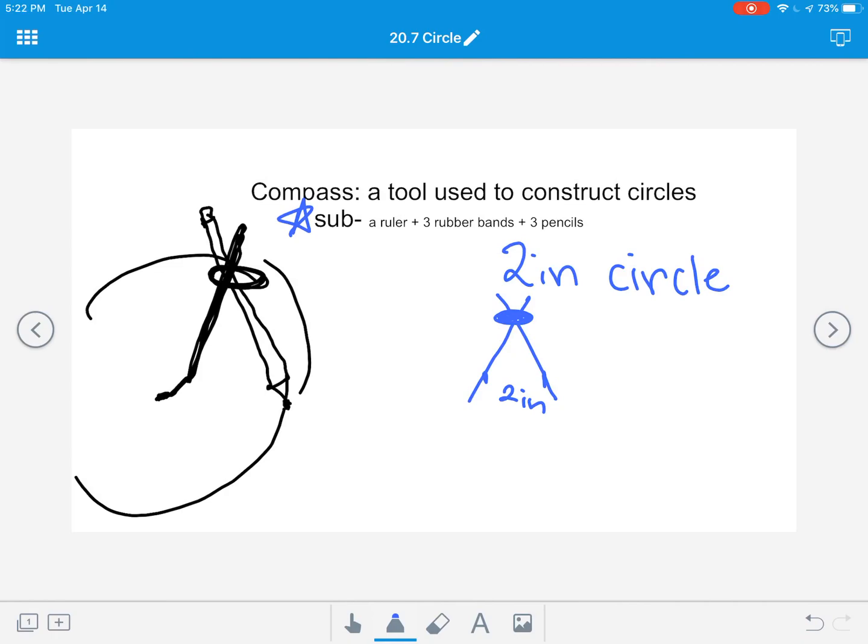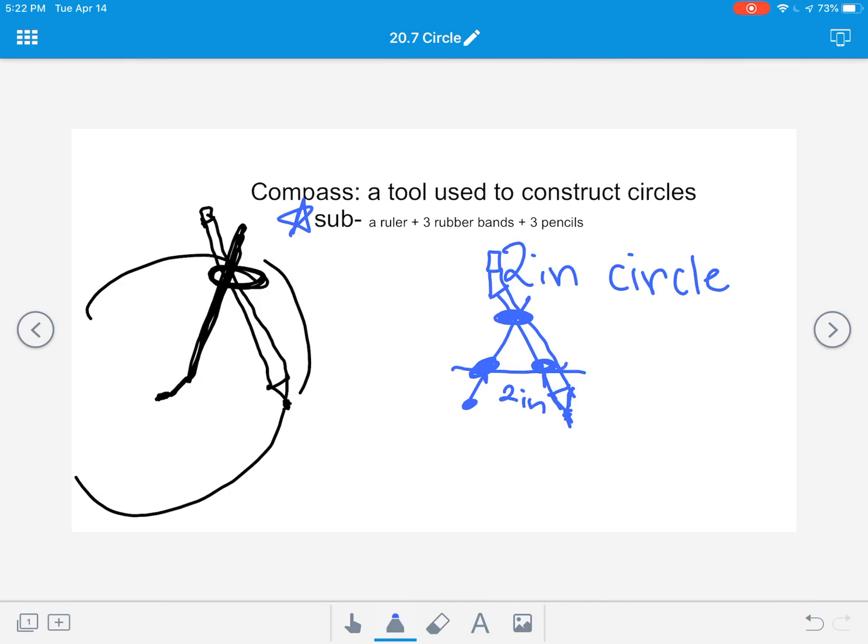And you take that 3rd pencil and put it across, and you'd put another rubber band there and another rubber band there. You'd use the one as the point and the other as the tip of your pencil so that you're able to draw it around in a circle. So do sketch this out with me so that you know what to do.